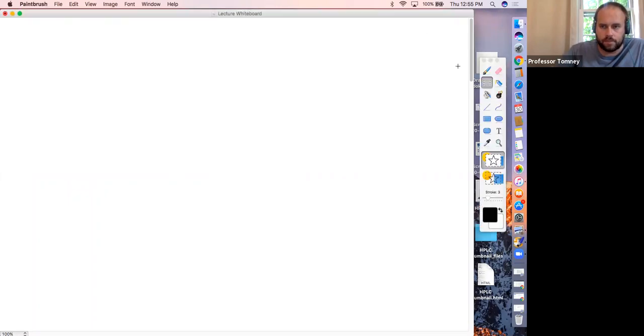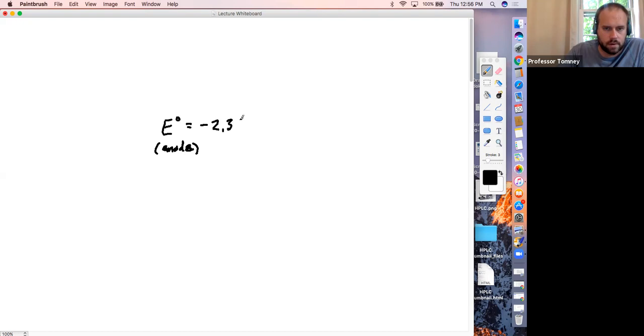All right. So the first thing that I would do is I would say, what is the E value for the magnesium? And again, just as a reminder, the magnesium was oxidized, so that's going to be the anode here. Okay. And if you look at this, the magnesium was negative 2.37.